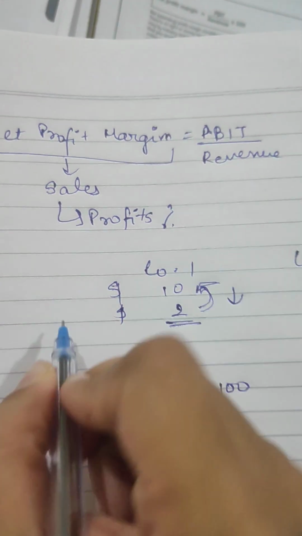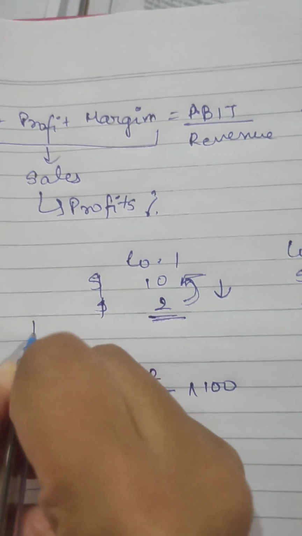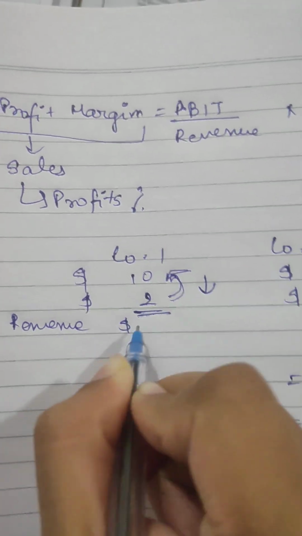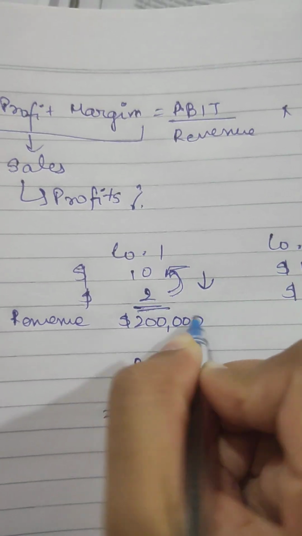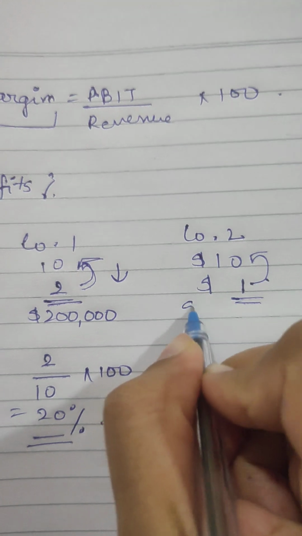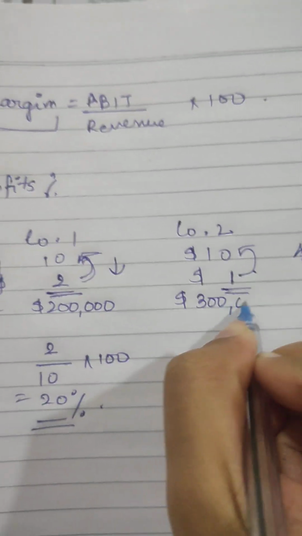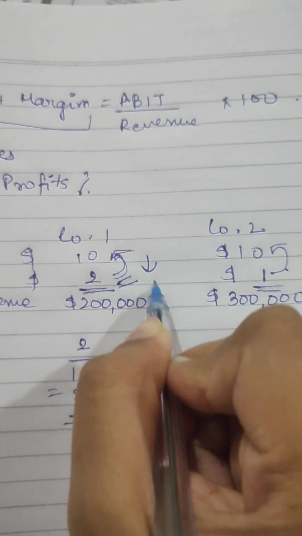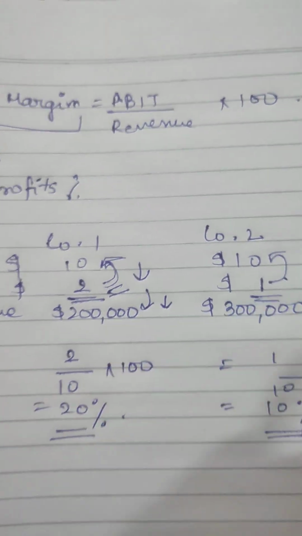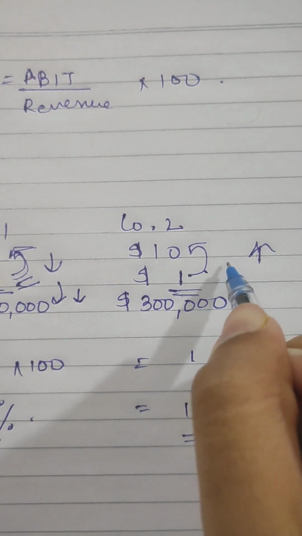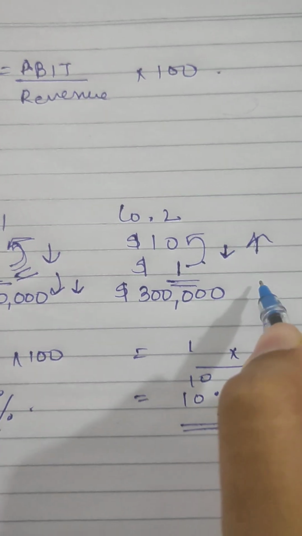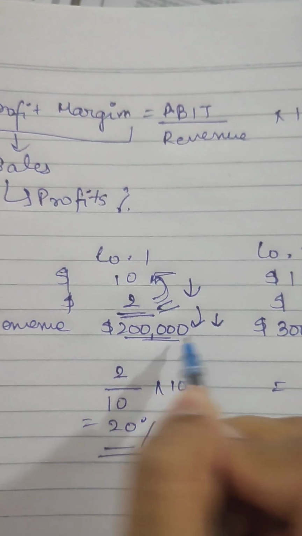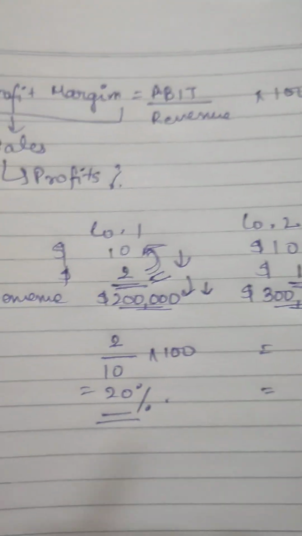So here only we will take another example that the revenue of this company is 200,000 while this company's revenue is 300,000. As their profit margin is high, their sales will be low, while as the profit margin is less, their sales will be higher. That's why their revenue is low compared to them.